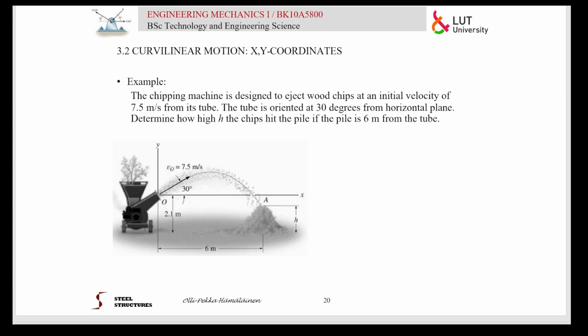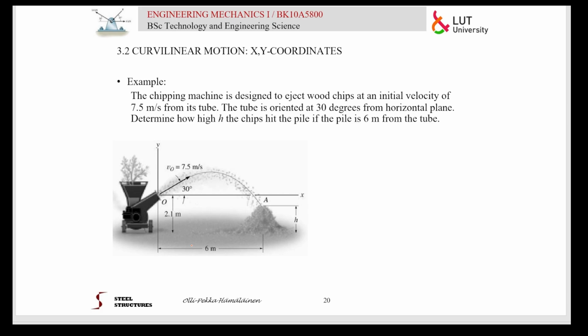And for that, we have this example here. This is not a projectile, but these are particles that are kind of fired from this chipping machine, and they land at a certain pile here. Let's see what it says, and let's try to analyze this problem before starting the solution of it.